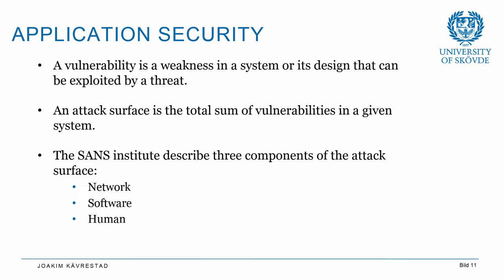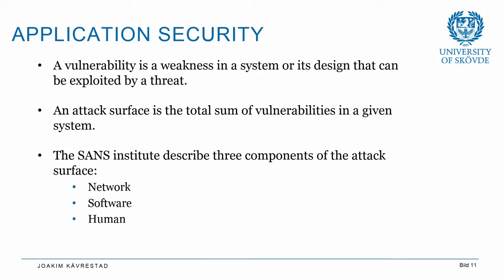So let's round off with a few slides on application security. Let's just rehearse that a vulnerability is a weakness in a system or its design that can be exploited by a threat. The attack surface is the total sum of vulnerabilities in a given system, so the attack surface for a network is the sum of all vulnerabilities in that network.